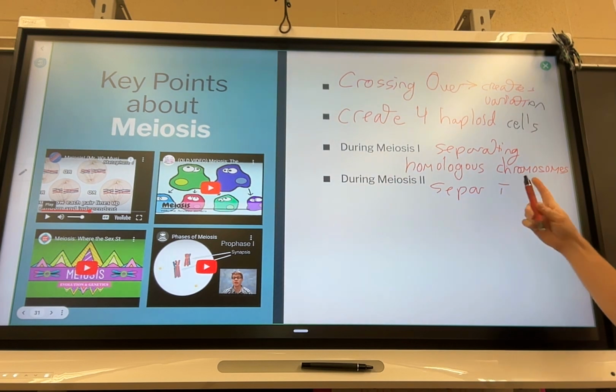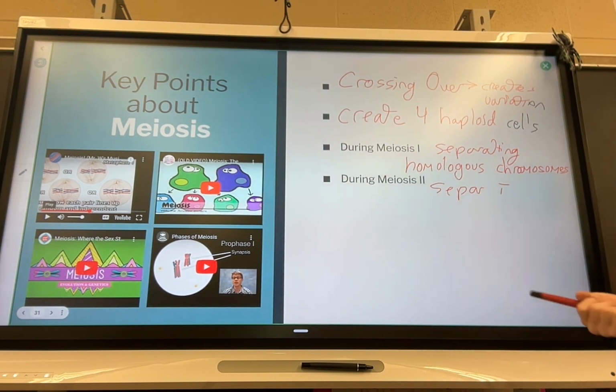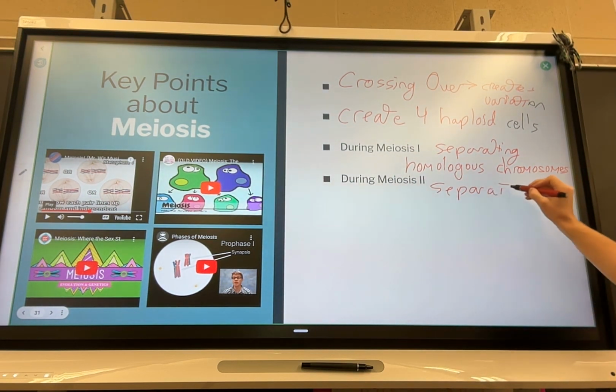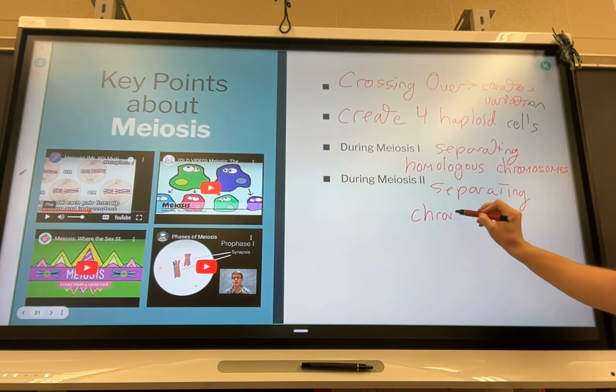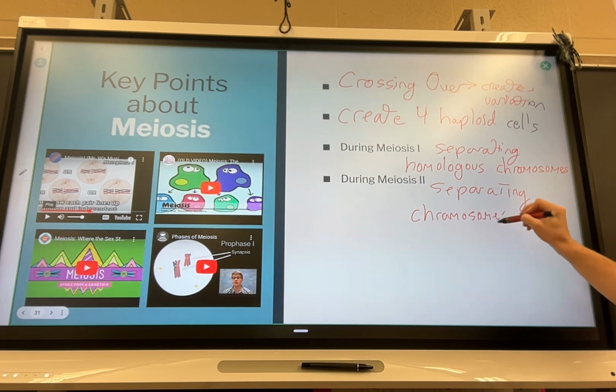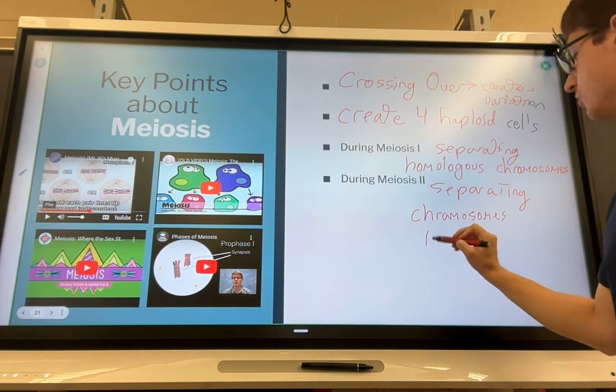Why do we need to know that? So you can tell the difference between the two. What is half of a chromosome called? Chromatid. Yeah. You're separating chromosomes into chromatids.